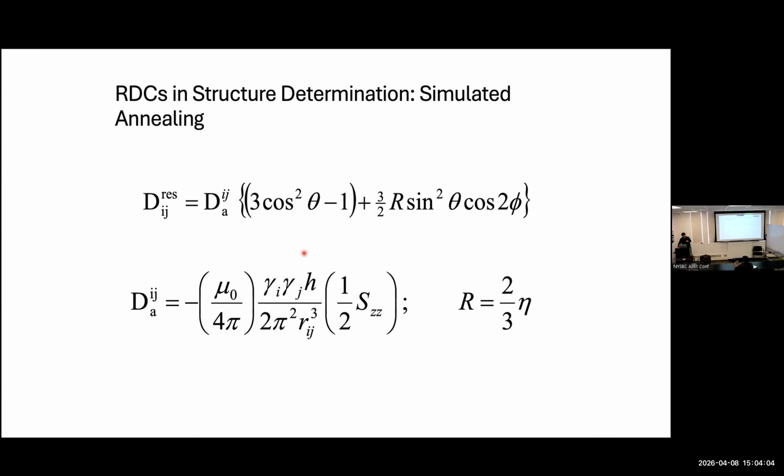So for example, in solids, when I'm trying to rotate the dipole couplings out to get an average Hamiltonian, how fast do I have to spin? What's that number?